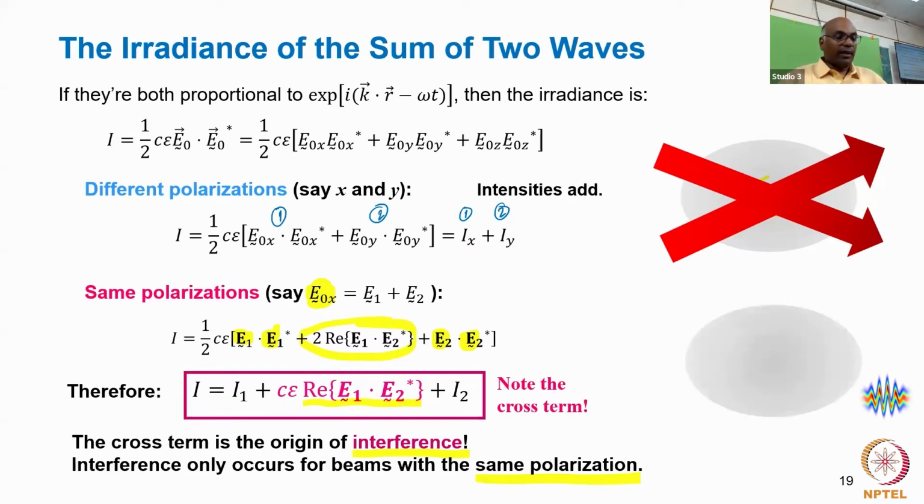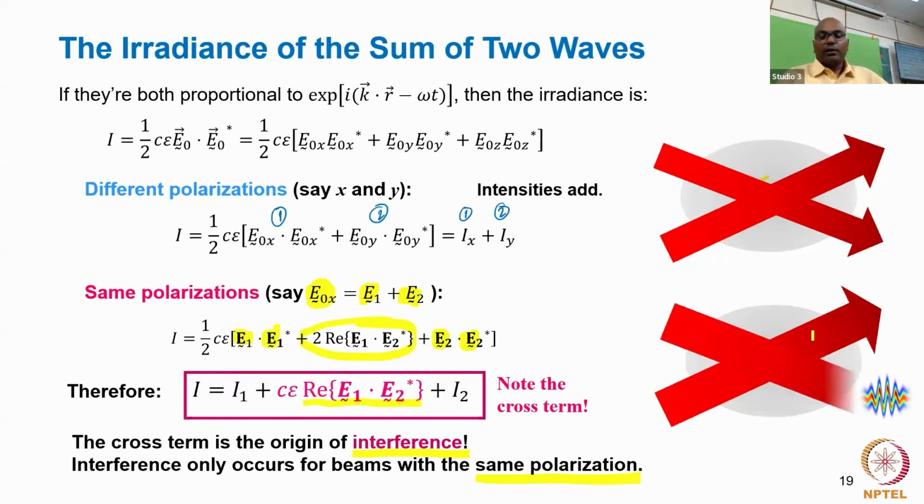Now let's take the same scenario for the case of these two polarizations, the polarizations of the two waves E1 and E2 being along the x direction. Then, although the k vectors can be different, so the propagation vector in this case points a little upwards. In the second case, the propagation vector points downwards.